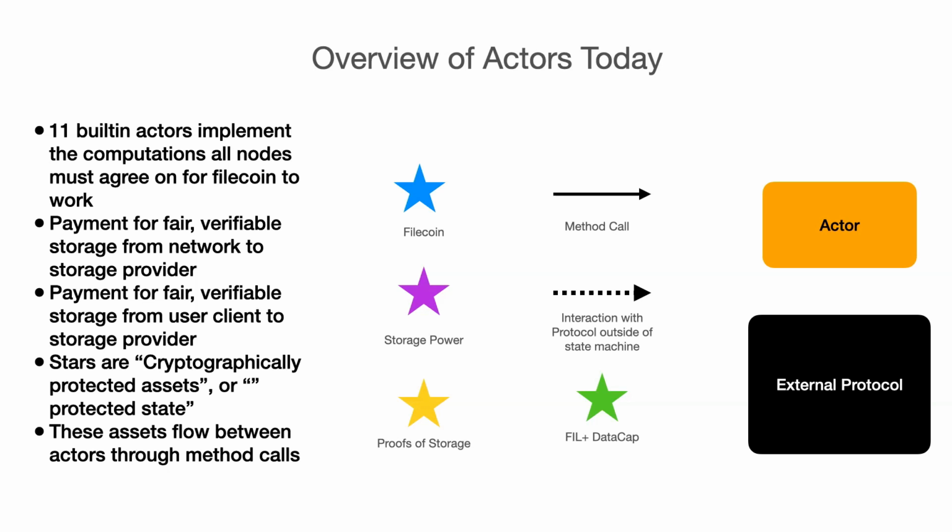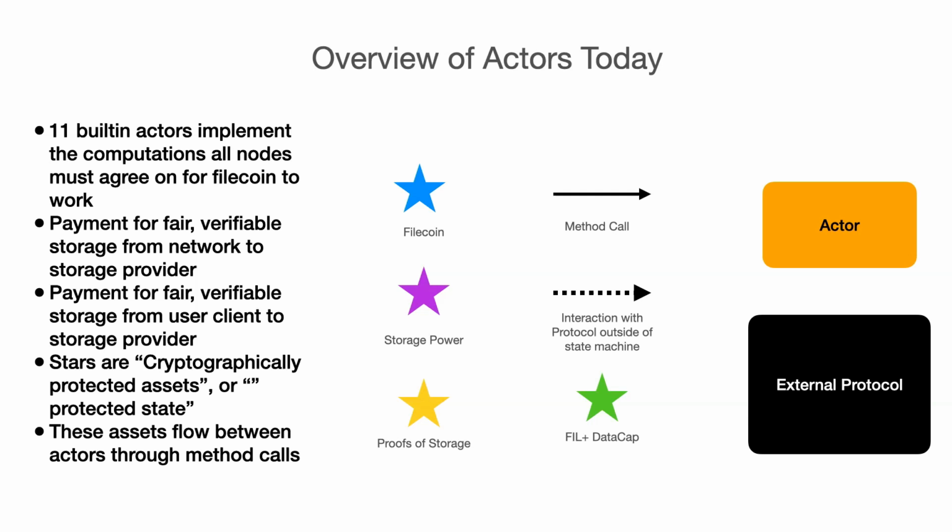That's from network to storage provider. And there's also an important but secondary flow which provides payment to providers from user clients who actually store their useful data inside of the verifiable shell of storage provider sectors.